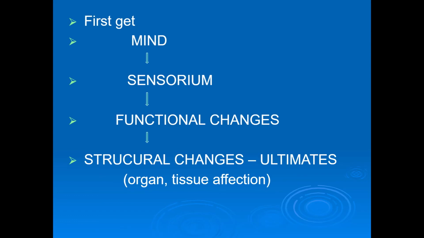That is the ultimates of disease, the organ or tissue affection. So in this slide we see that homeopathy treats the mind and sensorium, and so automatically the structural changes will regress if it is in the nature to regress.